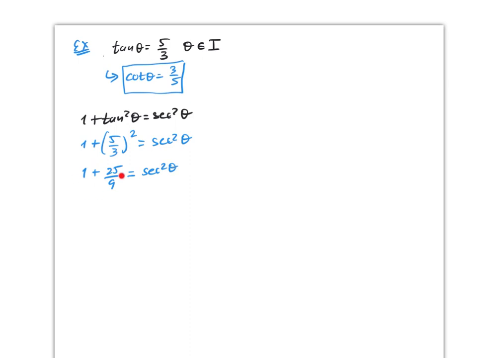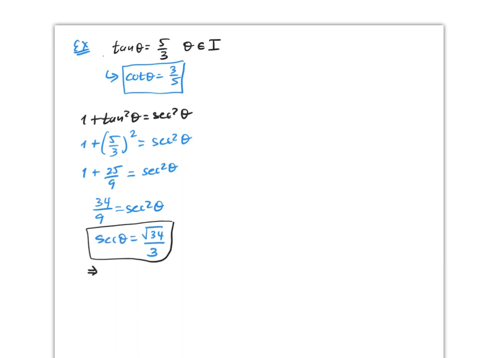If you find the LCD is 9, so 9 plus 25, notice it's 34 over 9. And therefore, secant theta is going to be the square root of 34 over 3, because the square root of 9 is 3.